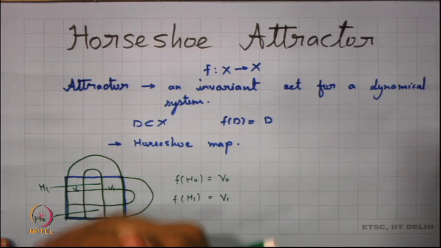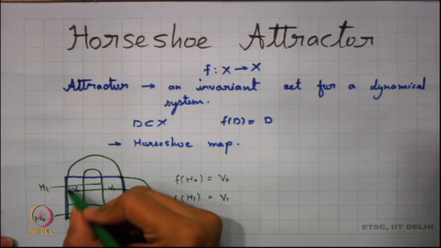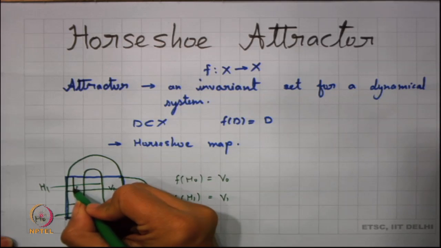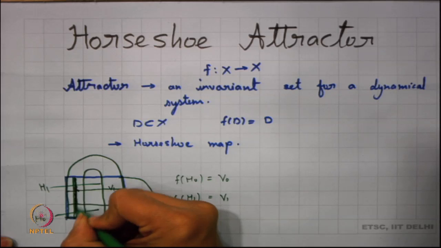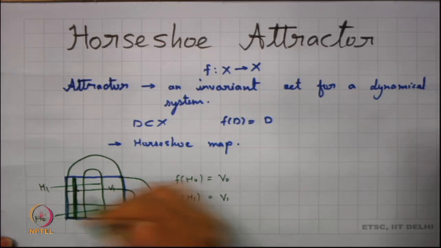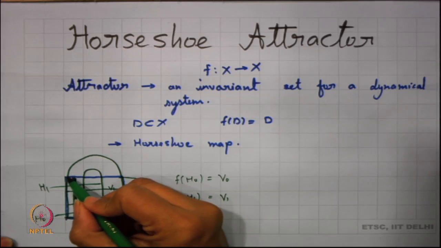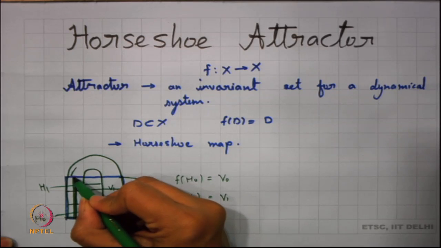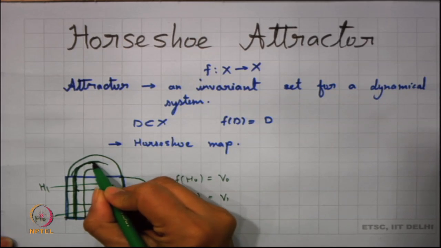So, we have seen that we have both these transformations, and another property that we had seen is that any vertical rectangle, of course it need not be a subset of V naught, is mapped under f to some vertical rectangle.